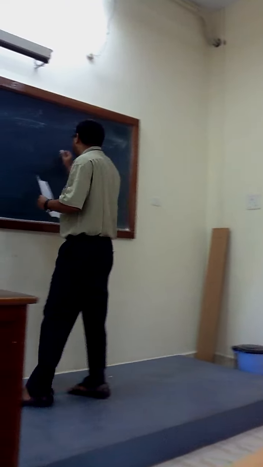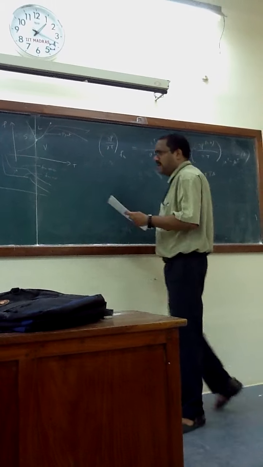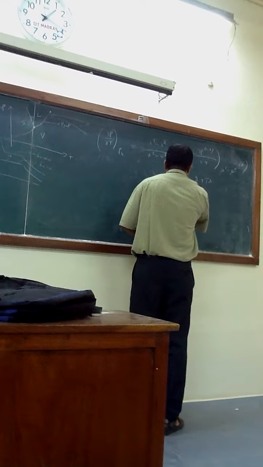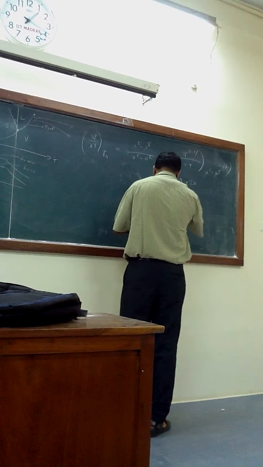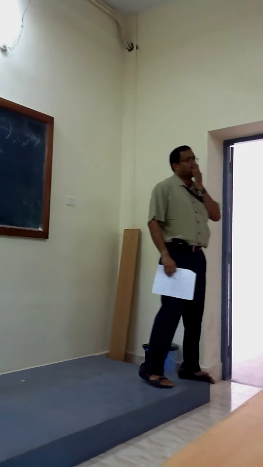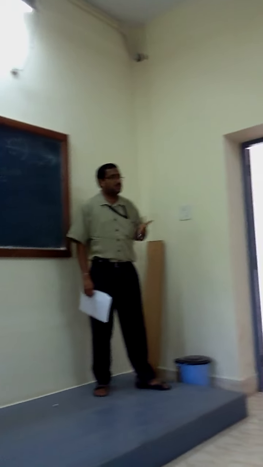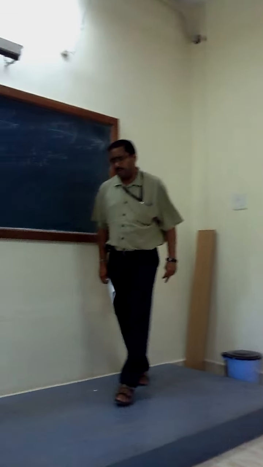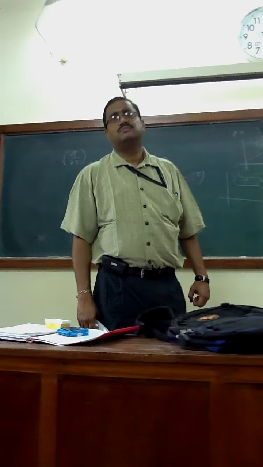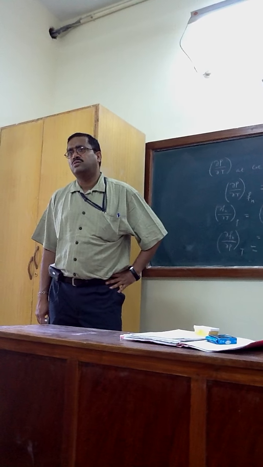So H equals... G equals H minus Ts, so H equals G plus Ts. So what will we have? H1 minus H2 equals what? Because heat of vaporization is an estimate, it is there in the table. G1 minus G2, what is G1 minus G2?